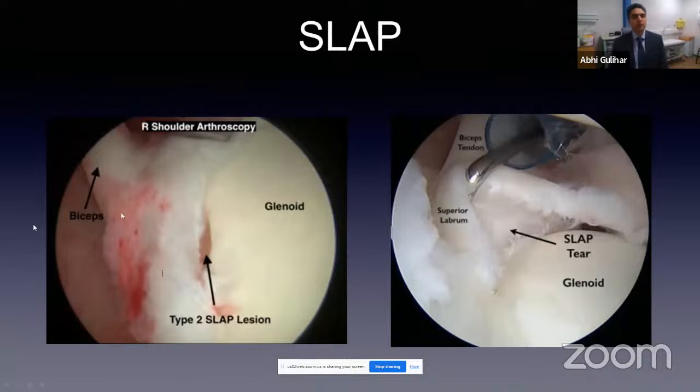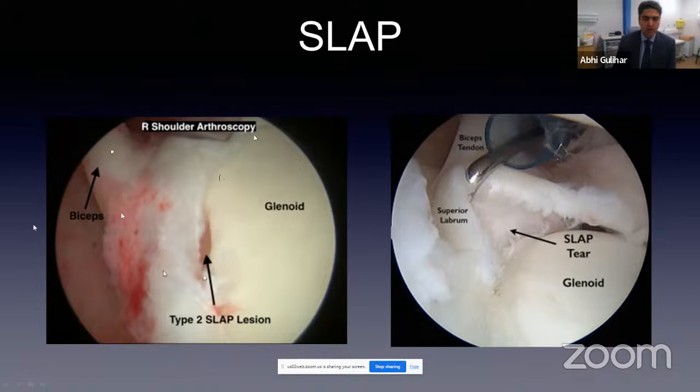So these are a couple of arthroscopic images showing a slap lesion. And the type 2 slap lesion is the most common. Type 2 is when only the superior labrum is detached without any extension into the long head of biceps, without any extension anteriorly into the labrum, and without any significant posterior extension.